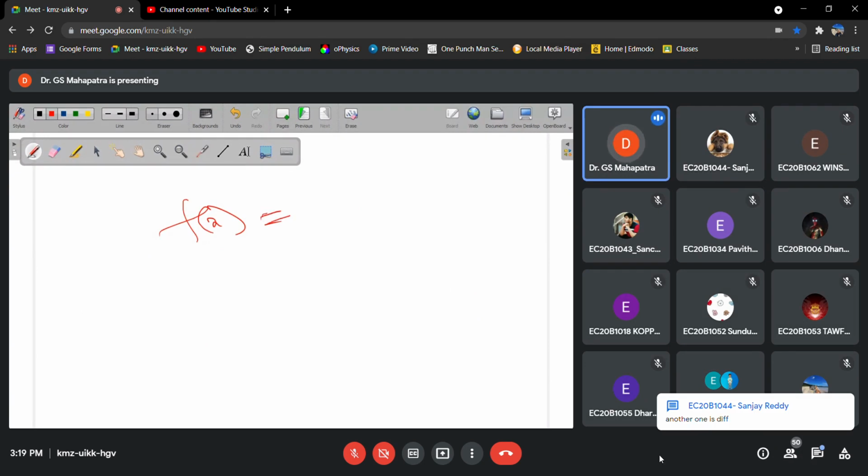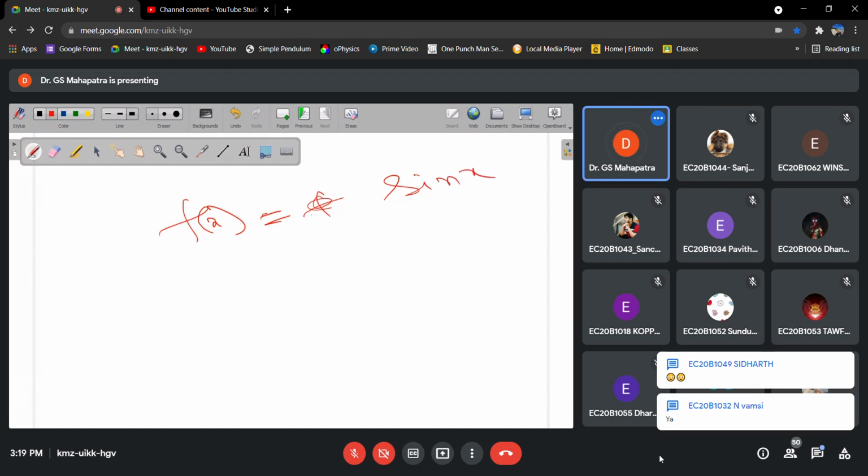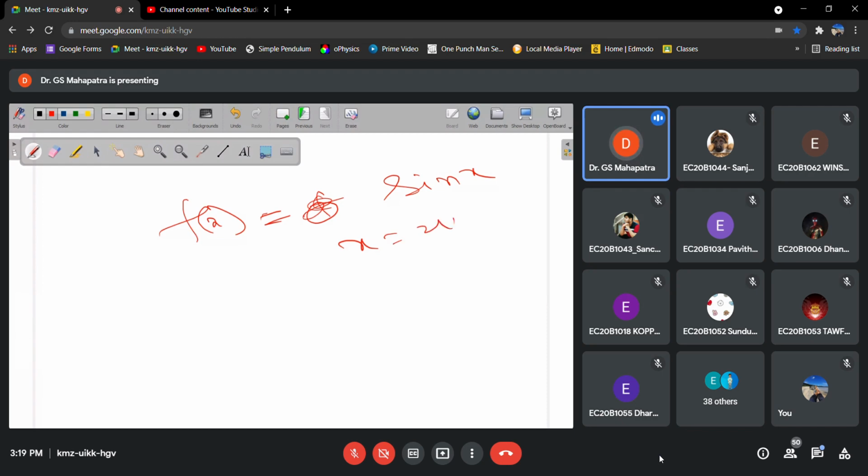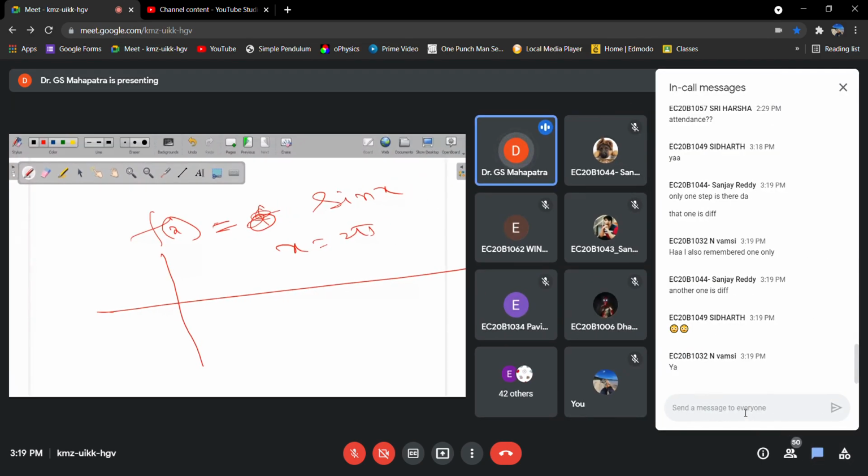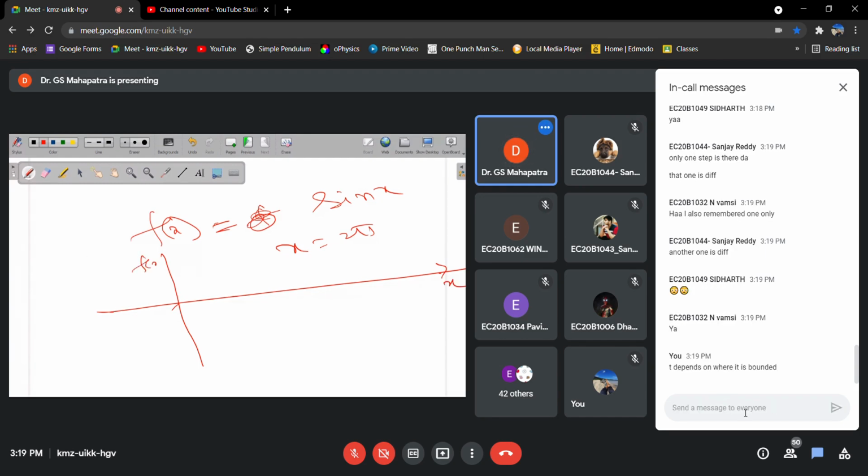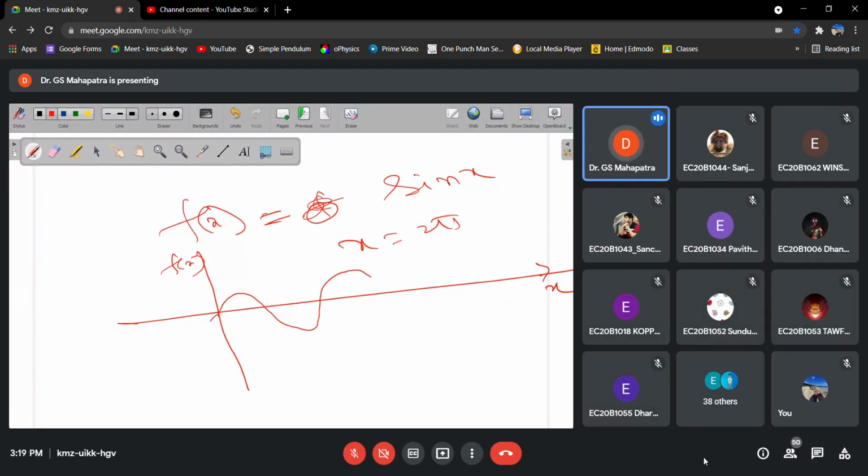Correct. F of x equals to periodic function sine of x. So this is the function. What is the period of that one? 2 pi. Correct now. So after 2 pi, sine is 0. Okay, it is f of x, 0. These are the periodic function. My drawing, if it is not correct, also you have to consider it is correct only. Now 0.